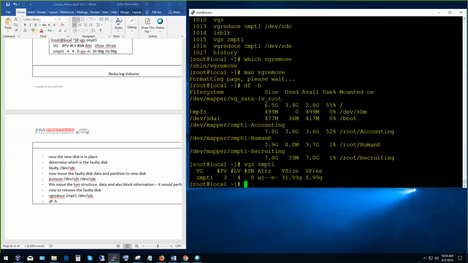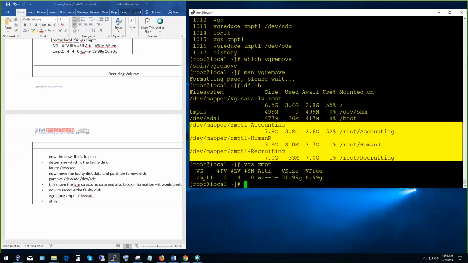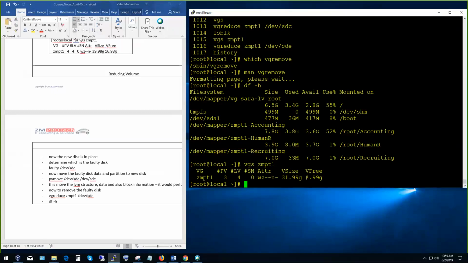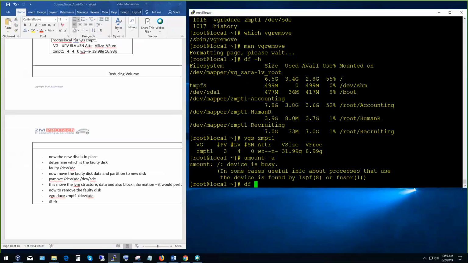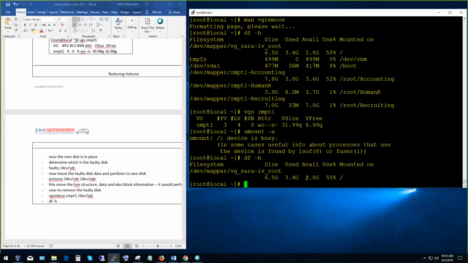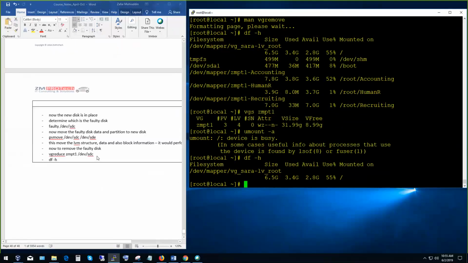So what you have to do first is remove it here. All these things are mounted here, so the easy way is mount -a. All right, when you do df -h, it's not there. But what you have to do is, I'll show you later. So now we're going to go in reverse order.